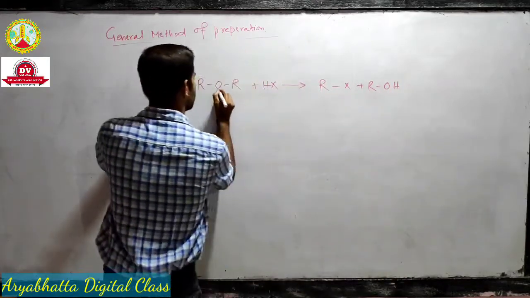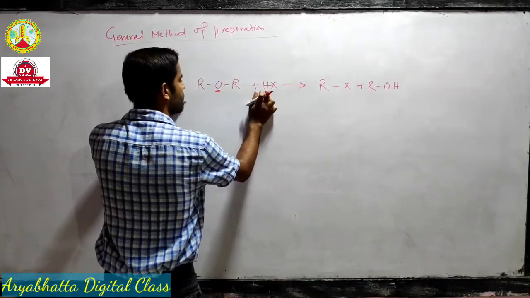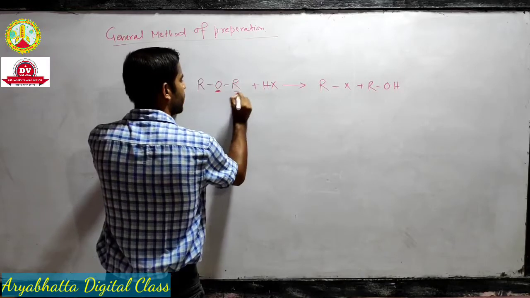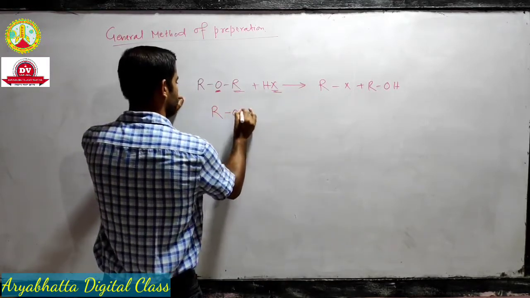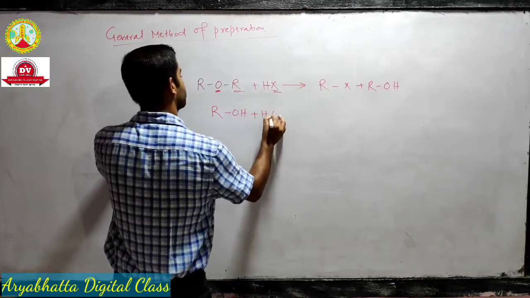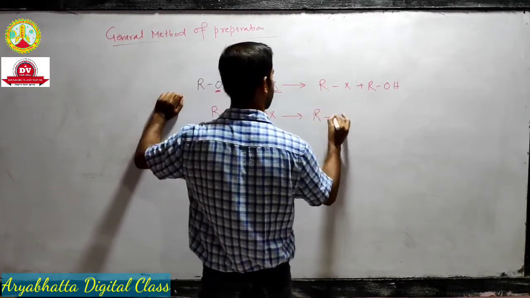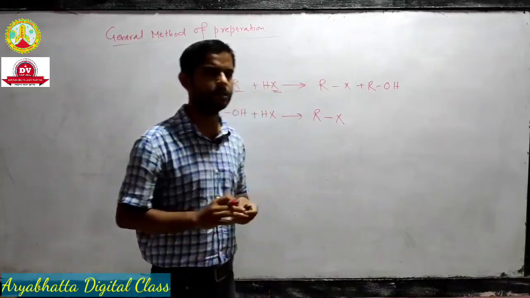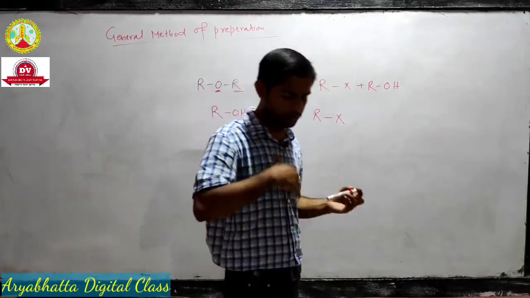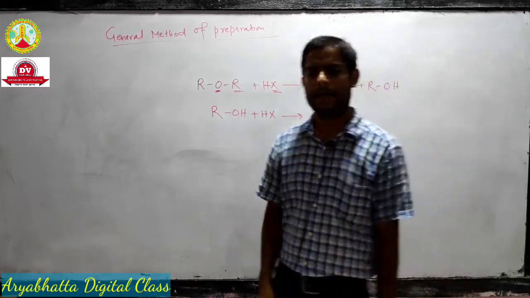That means the oxygen will be attached to the hydrogen and R will connect to X. In the next step, this ROH will again react with an HX molecule and we will get RX. So the final product is an alkyl halide. That means an ether will produce an alkyl halide.